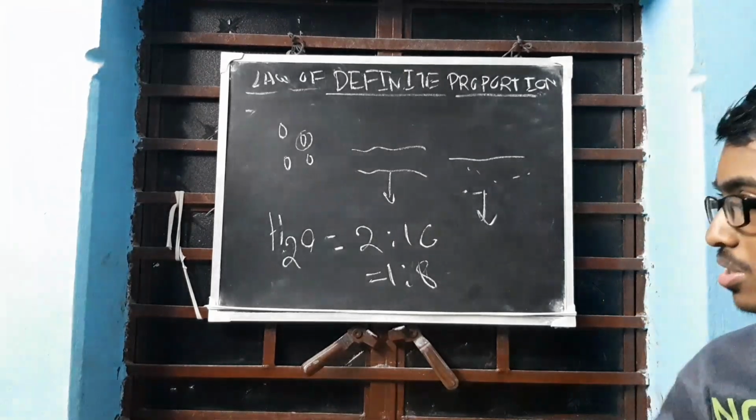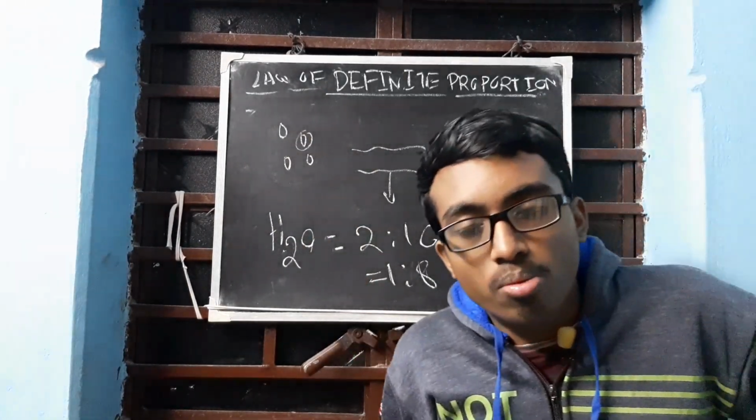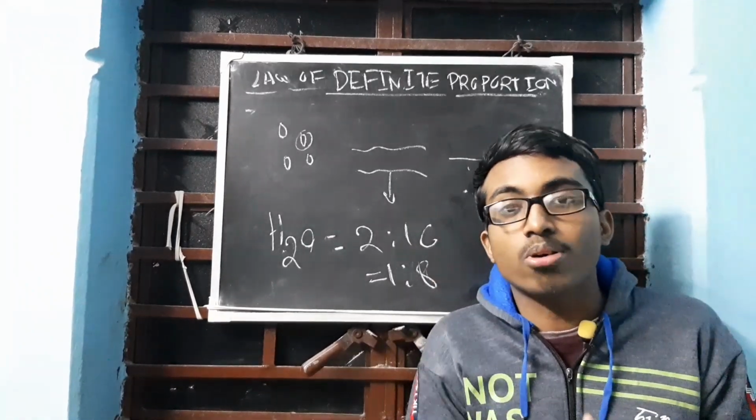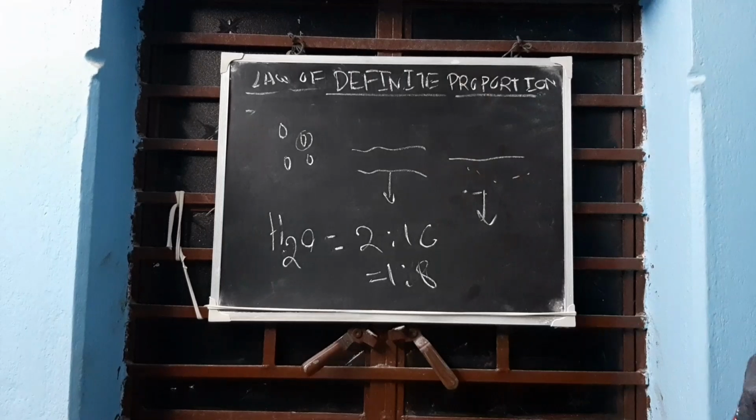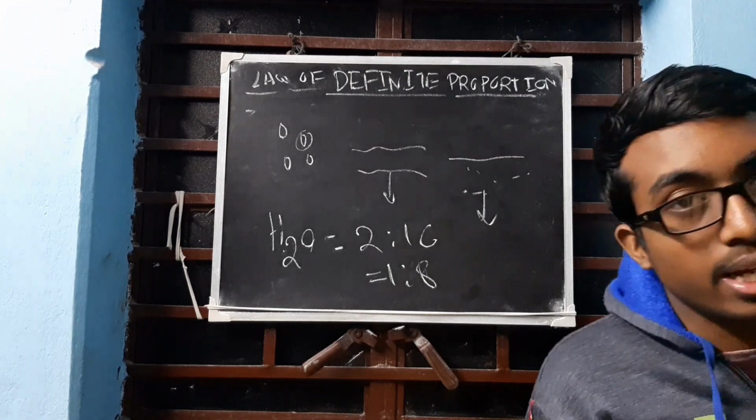Right? This is what the law of definite proportion states. It's also called law of constant composition. So from wherever source you take, the combining atoms or elements will be in a definite proportion by mass. Clear or not clear?